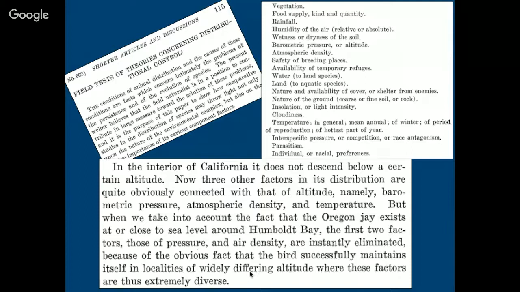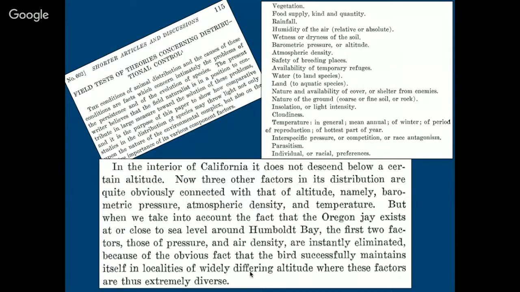So what are we seeing here? In the early 20th century, we're seeing Grinnell taking those occurrence points, essentially primary biodiversity data records, and he's discussing each one in terms of the independent variation of these factors that he was interested in.